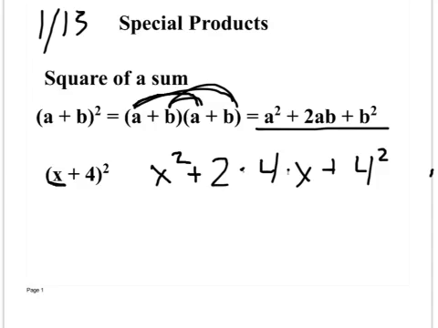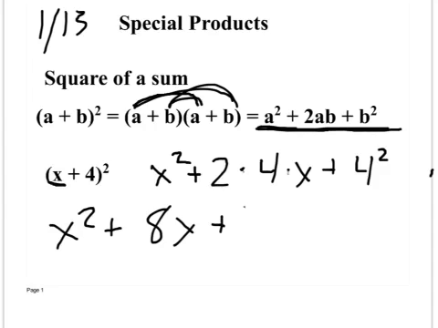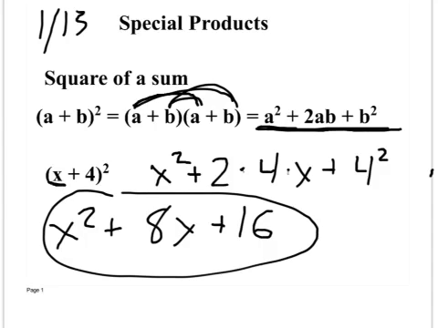We are using what they call the parent, a squared plus 2ab plus b squared. Now I have to finish working this out. This is x squared plus 2 times 4 is 8x plus 4 times 4, which is 16. So x plus 4 squared is x squared plus 8x plus 16.